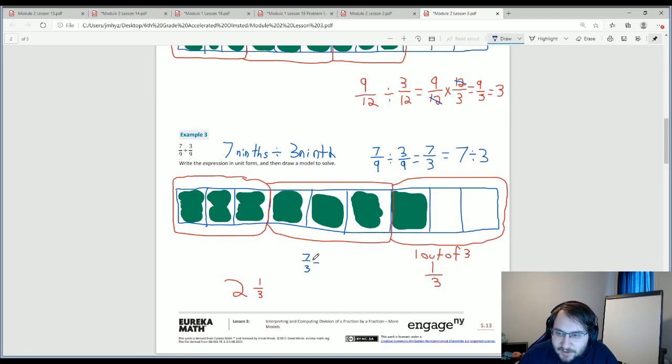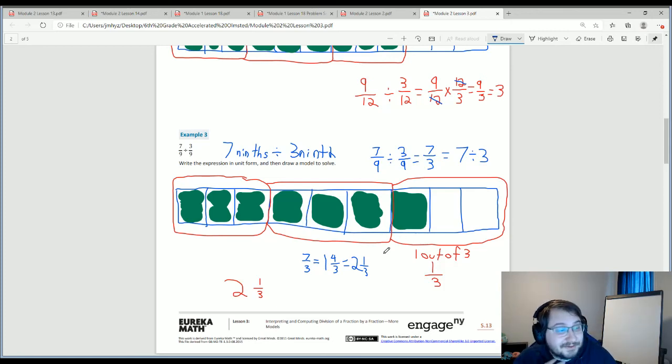If I take away 3, then that's going to be 1 4/3. I can still take another 1 out of here, so that's going to give me 2 1/3. And would you look at that? 2 1/3, 2 1/3. So it still works.